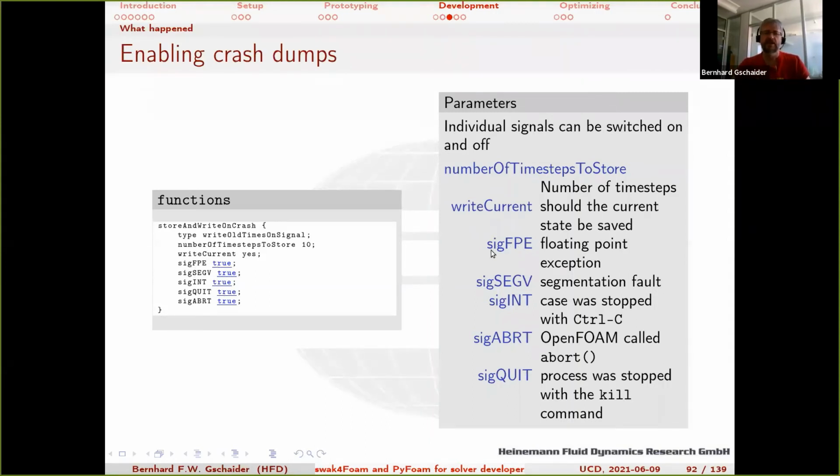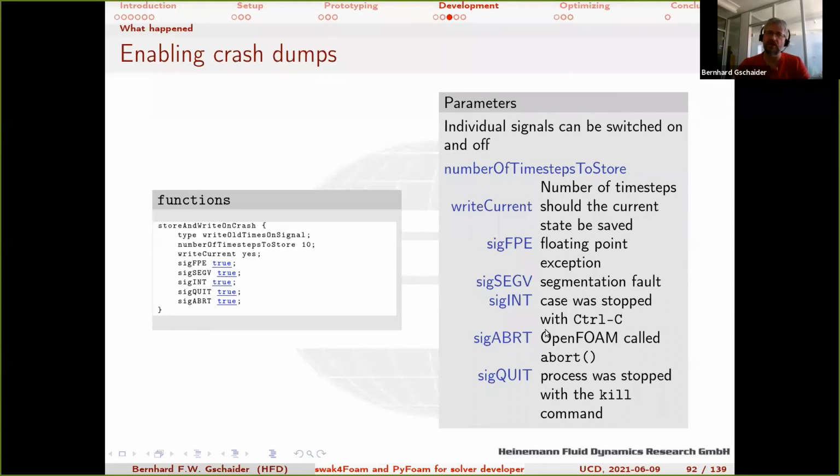I say, okay, write stuff when you have a floating point exception, write when you have a segmentation fault, write if the user pressed Ctrl+C. That can sometimes be nice, sometimes be annoying. Write if OpenFOAM has any error that is not directly related to the field.